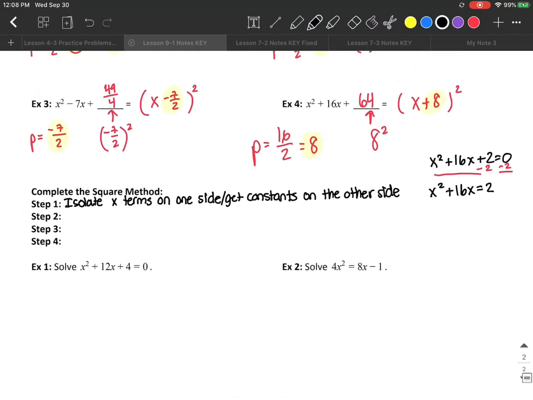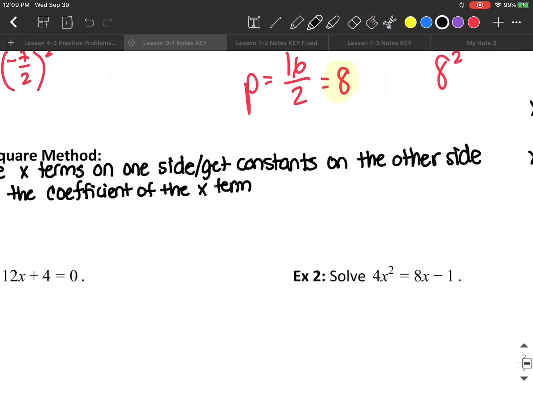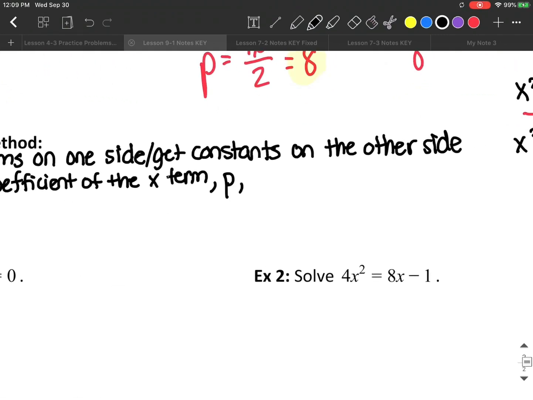All right, second step of what I'm going to do, I'm going to take the coefficient of the x term, which is p, and I'm going to divide by 2, just like I did in all those examples, and square.